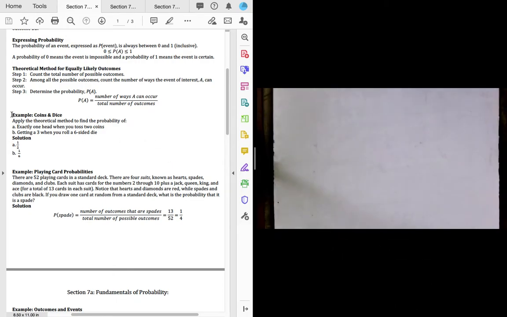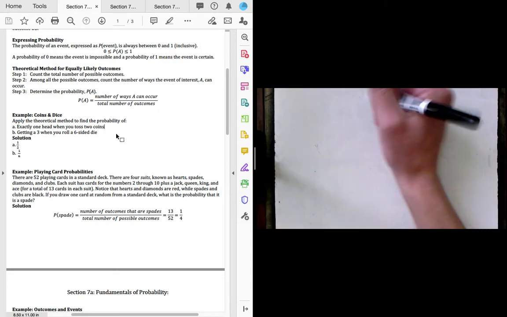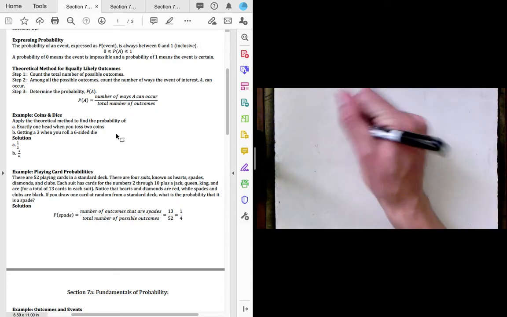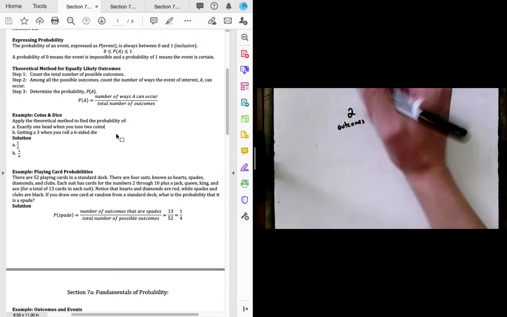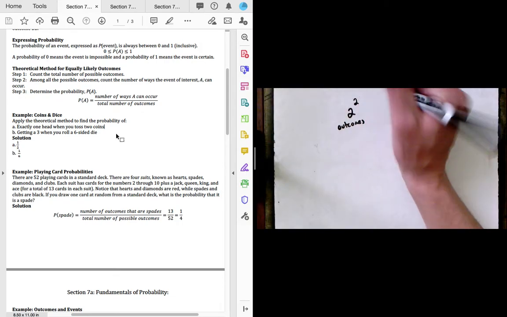This example says, apply the theoretical method to find the probability of, part A, getting one head when you toss two coins. Remember, we just went through tossing two coins in the distribution, but what I'll show you now is a nice way of writing that out. There are two outcomes for tossing the coin, heads or tails, and we want to toss the coin 2 times.